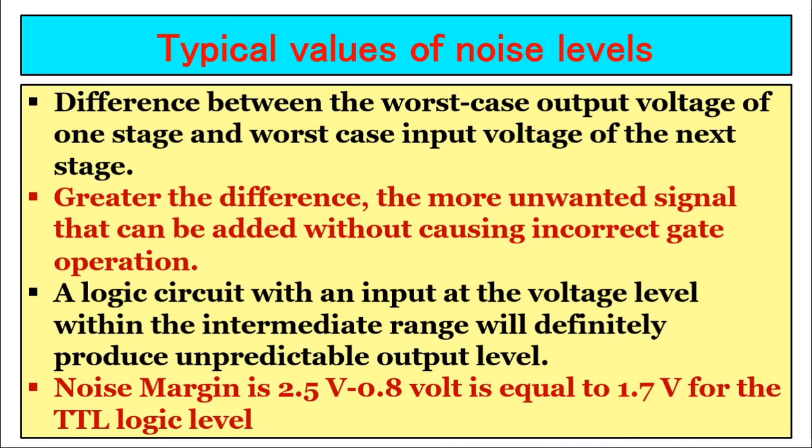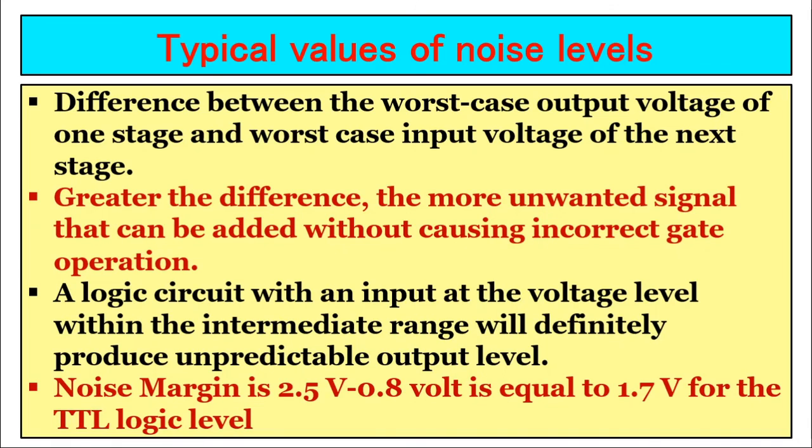Typical values of noise levels. The difference between the worst case output voltage of one stage and the worst case input voltage of the next stage. The greater the difference, the more unwanted signal that can be added without causing incorrect gate operation.